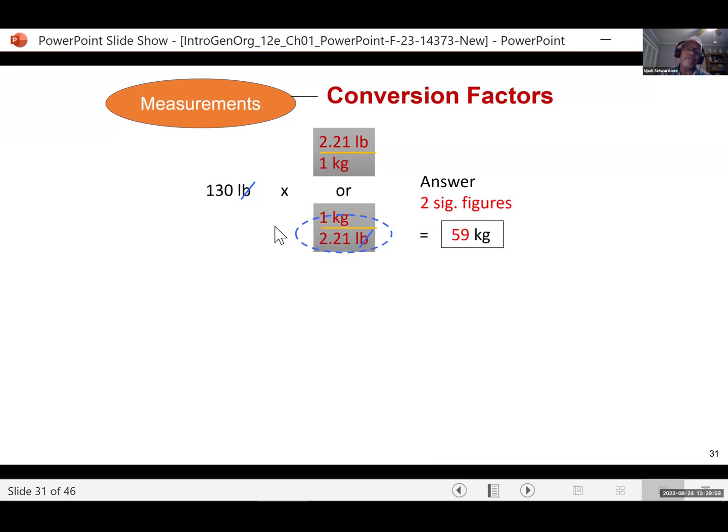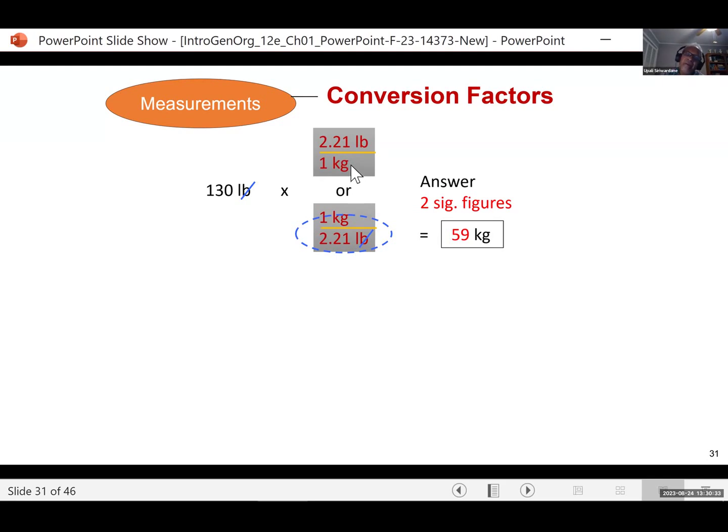The answer has two significant digits because the measurement we started with has two significant digits. Therefore, this should be rounded off to two significant digits as well. Now remember, these 2.21 and 1 are exact numbers. They are coming from definitions and conventions.